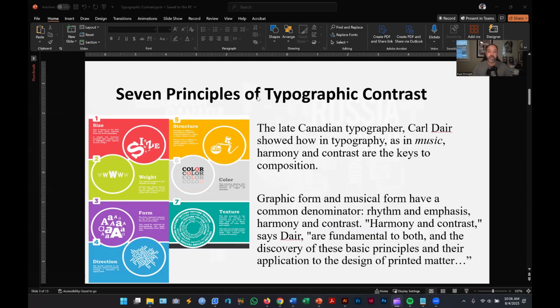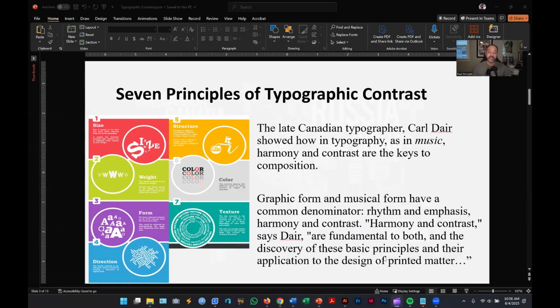Graphic form and musical form have a common denominator: rhythm and emphasis, harmony and contrast. Harmony and contrast, says Dair, are fundamental to both, and the discovery of these basic principles and their application to the design of printed matter. The dude apparently didn't really get good at explaining English stuff.